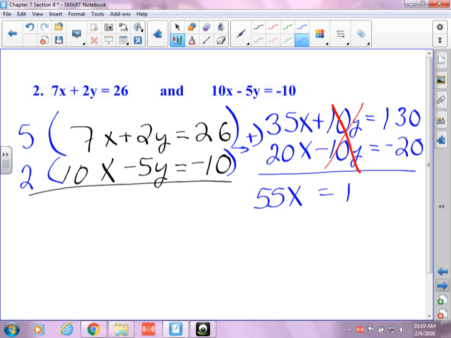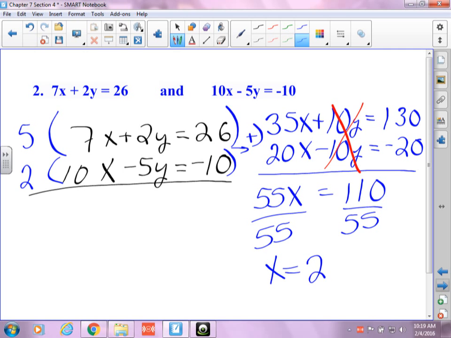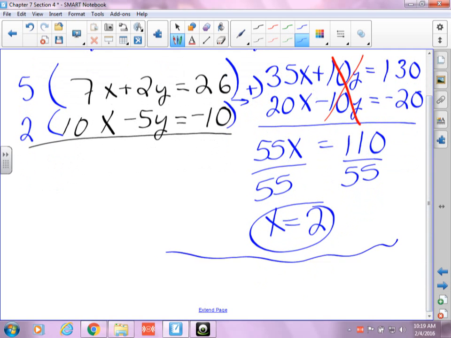I get 110, divide by 55. X gives me 2. Am I done? No. Okay. Which equation do I choose? Doesn't matter. I'm going to choose the first one just because I am.